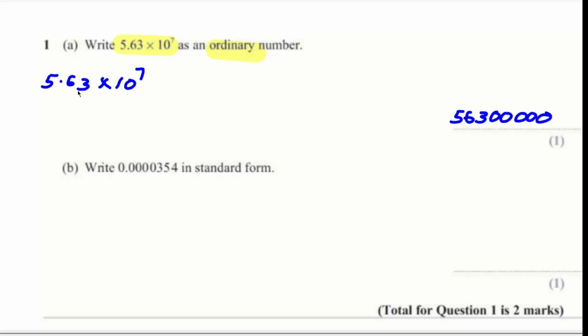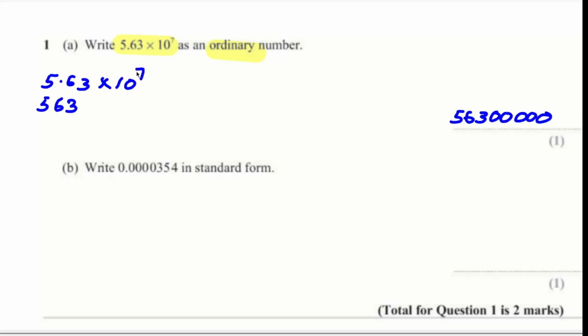This is the theory. You need to make this decimal point jump here. So 1, 2, I'm making this decimal point jump twice. Then you need to subtract 2 powers from this 7. So I made this decimal point jump twice, then it became 563.